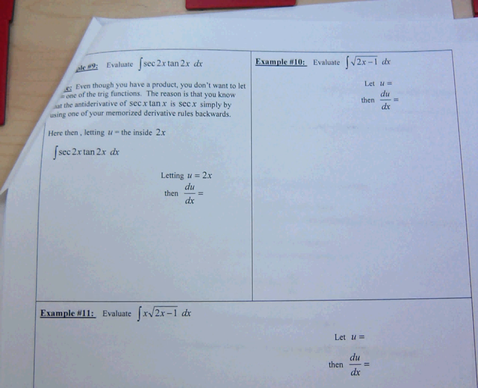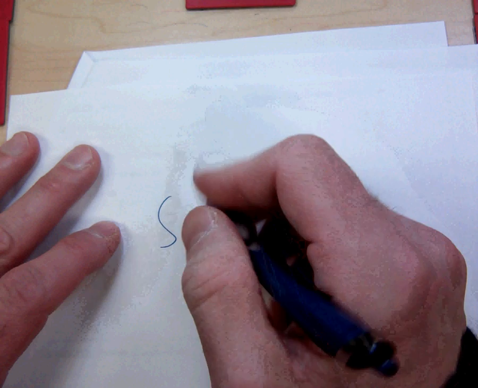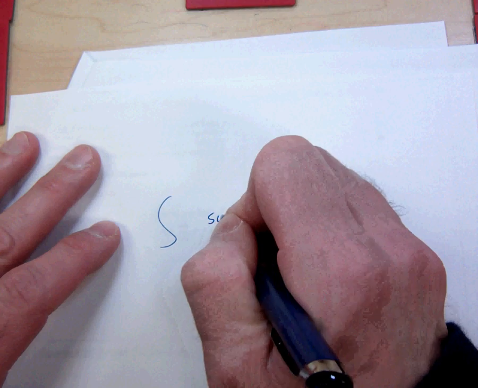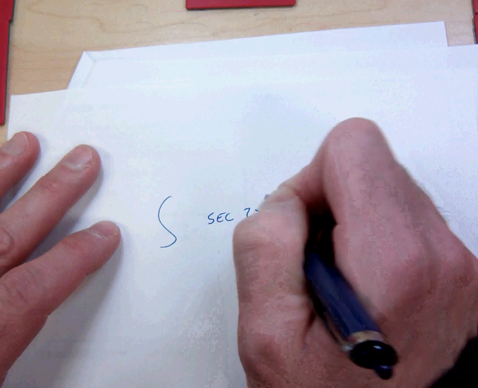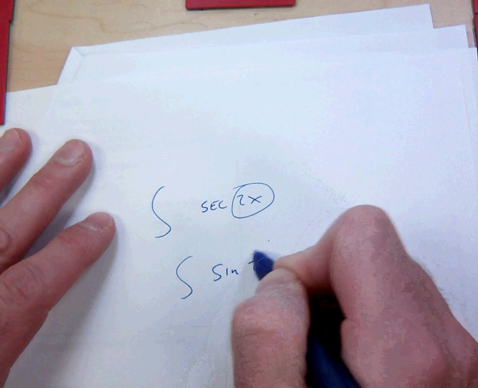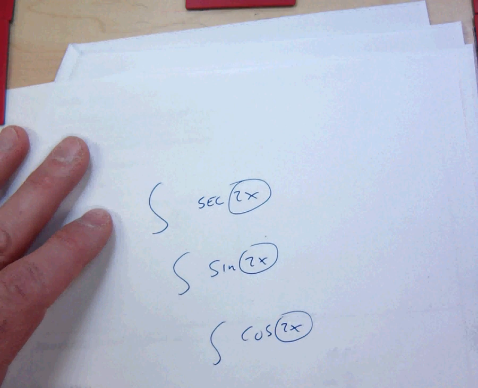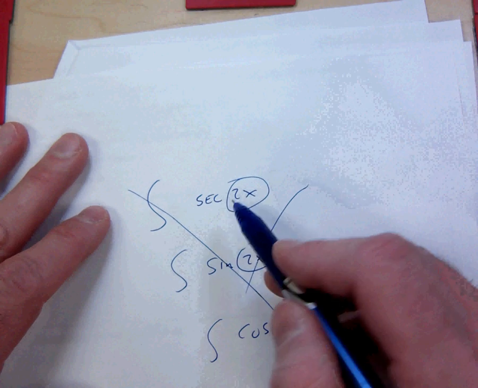Let me ask you this. Suppose you were left with this. Would you be able to integrate any of these types of things with that 2x there? Would you? No. You can't integrate any of these. You could only integrate if it was x or u, right?